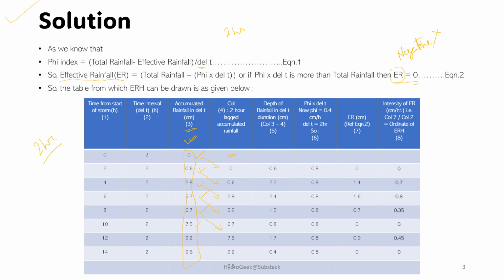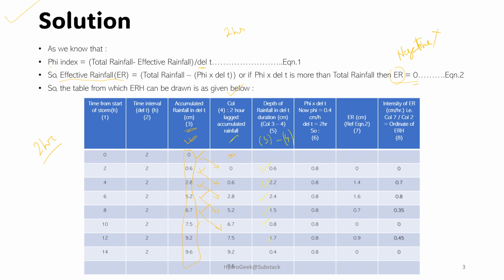Then you deduct column 4 from column 3. Column 3 is the original accumulated rainfall, and column 4 is the 2 hour lagged accumulated rainfall. So column 3 minus column 4. You can see that the single value rainfall intensity is now given in this column 5.